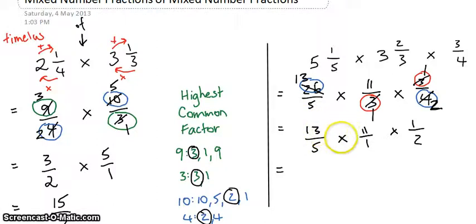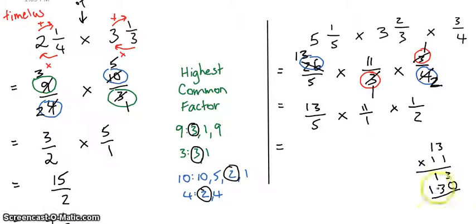So I go 13 times 11, and you might not know that off by heart, so you might do a little sum. 1 times 3 is 3, 1 times 1 is 1, put down the 0, 1 times 3 is 3, 1 times 1 is 1, so my answer is going to be 143.